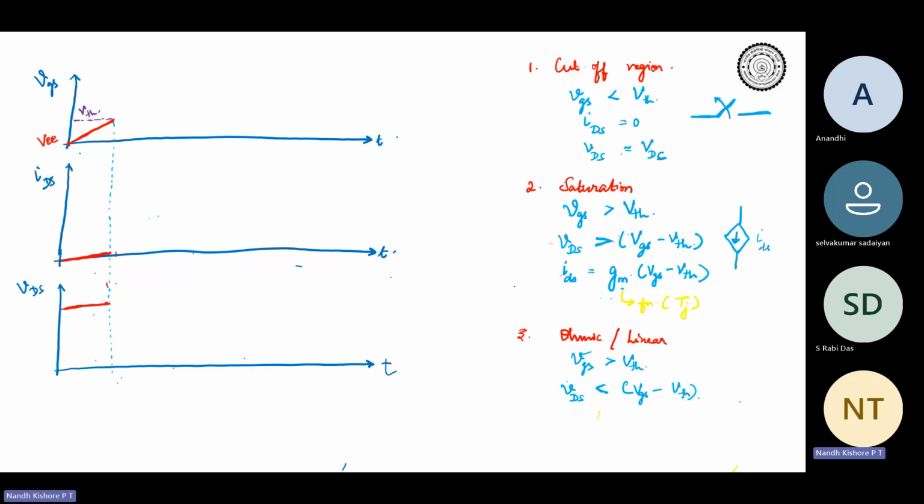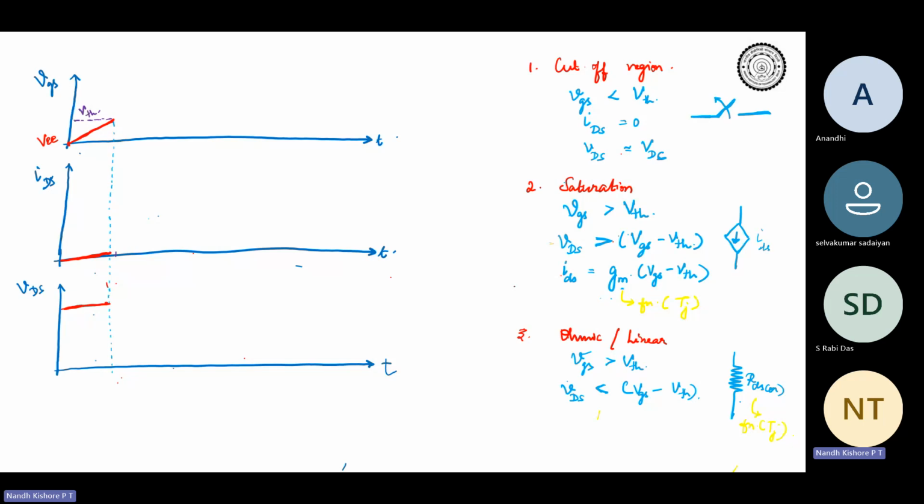So you can approximate the MOSFET channel to be a resistance called RDS on. Again, this RDS on is a function of temperature. These are the three operating regions in a MOSFET.